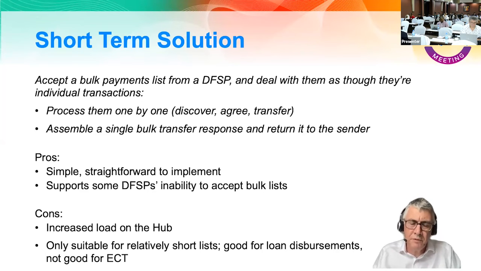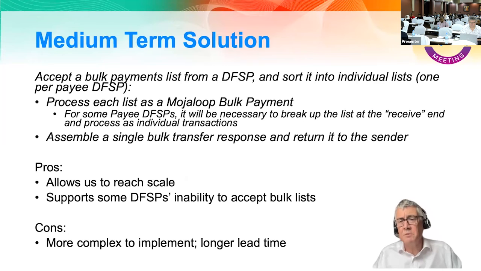Of course, that's not good enough for WinPay and elsewhere when we want to move to full-blown electronic cash transfers. So we have a medium-term solution, which is to accept a bulk payments list from a DFSP and to treat it as a series of individual lists for destination DFSPs.